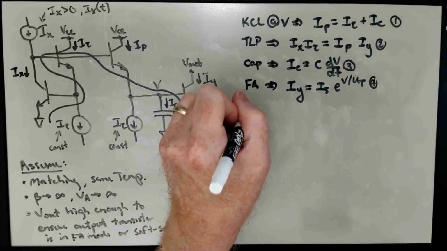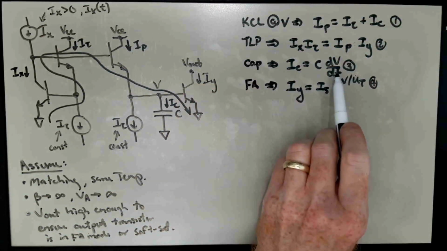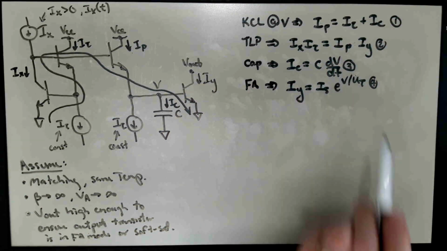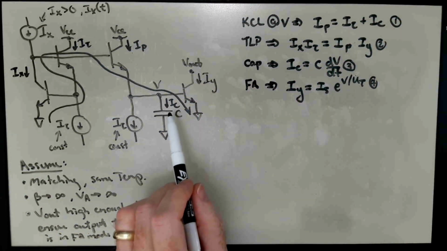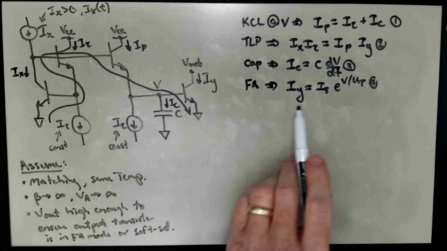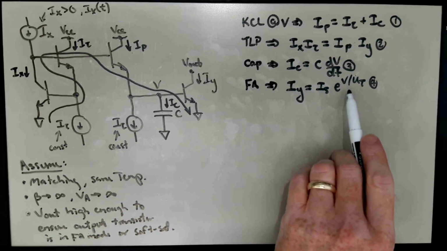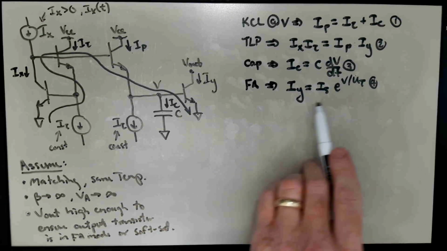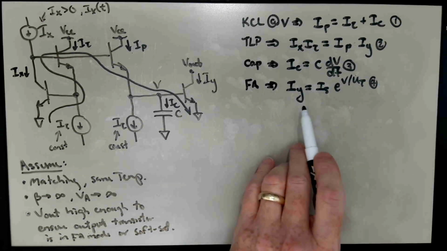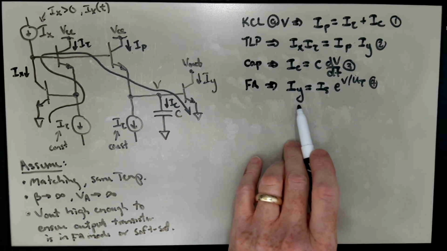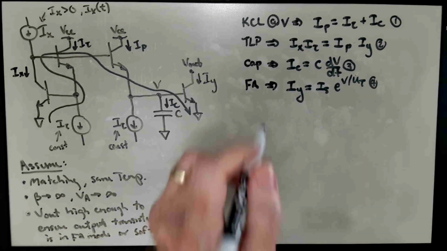Since we need to know something about dV dt, and we'd really like to eliminate V from our description of the system, we can relate dIY dt to dV dt through differentiating the forward active model here in equation 4 with respect to time.